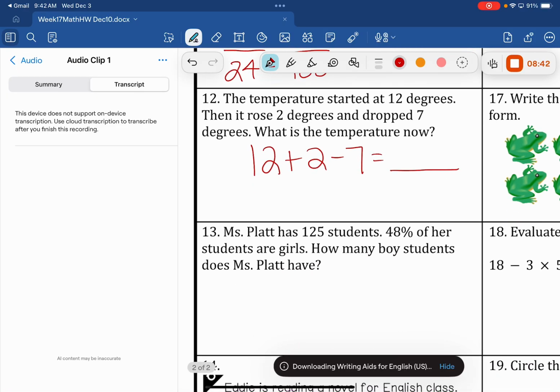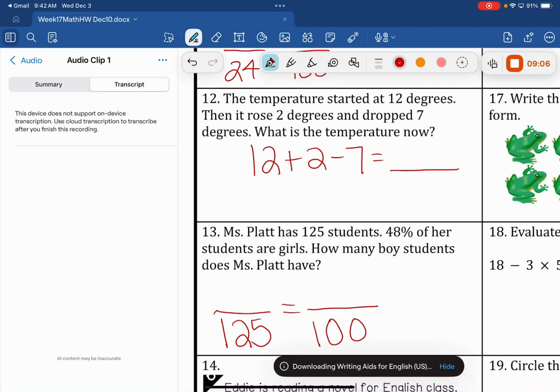Miss Platt has 125 students. That's a total. 48% are girls. How many boys does she have? Okay, so you have choices here. Because it's giving me the percent of girls, I want to know what the percent of boys is. Percents are always 100%.